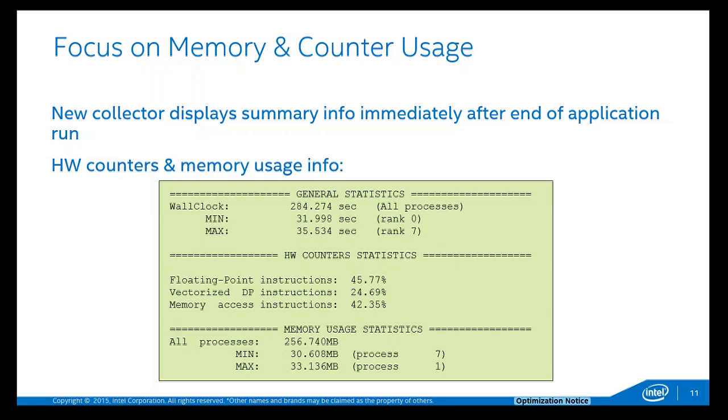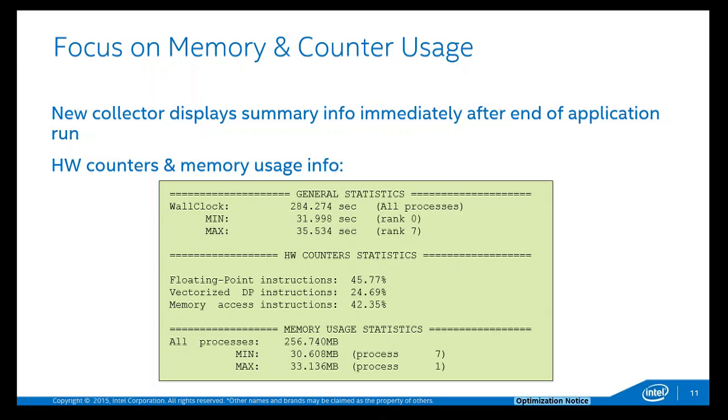So overall, it tells you the total wall clock time, so how long your application took running over all MPI ranks. And then it also breaks it down, so it gives you the min and the max values of how long each of those ranks took to complete. Again, I mentioned this before, but what you're looking at here are the two outliers, right?